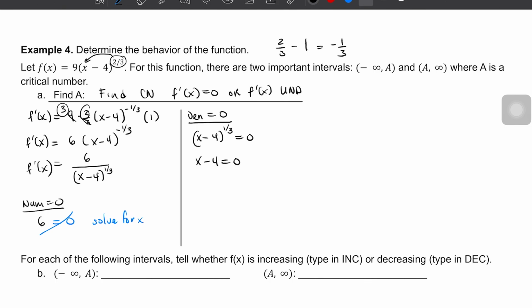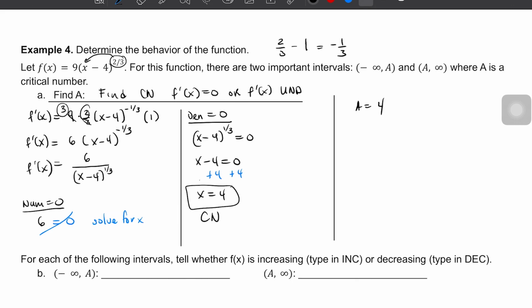So either way, it's just whatever is inside the power, inside the exponent. And we can see that this is going to happen when x equals 4. So here's your critical number. That's it, right? So we found the critical number. So in this case, a is equal to 4. So we're going to be looking for these two intervals. It's separated by positive 4.